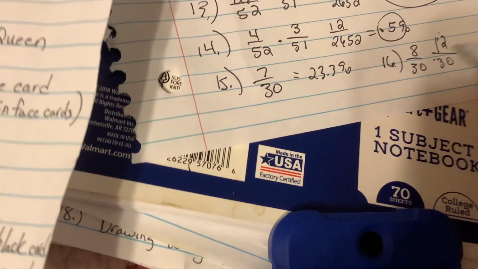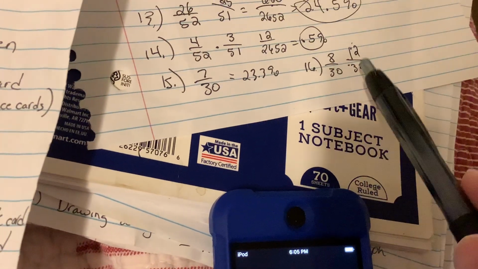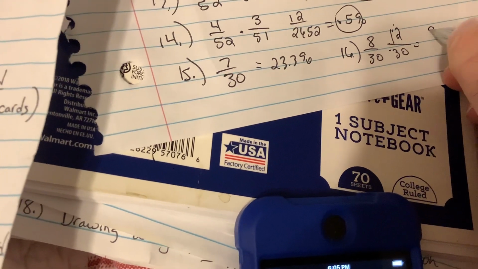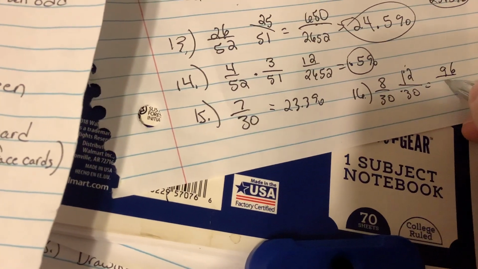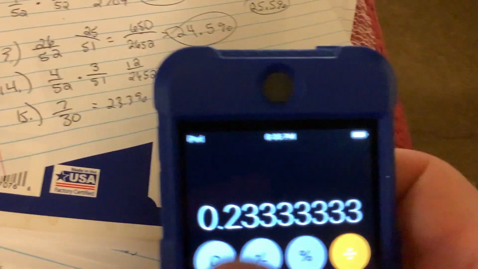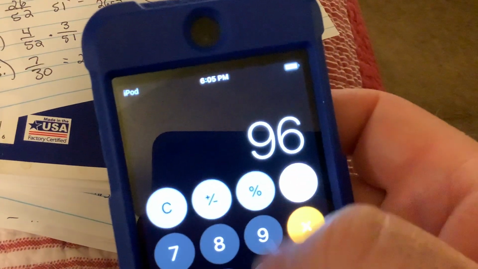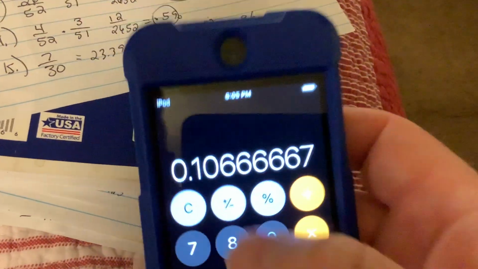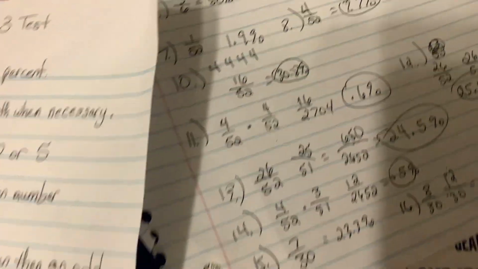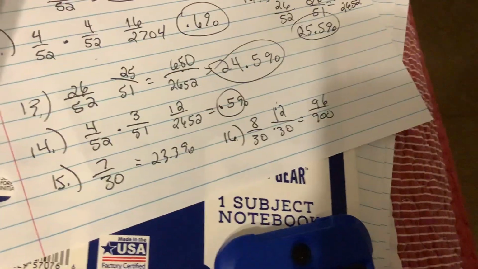There's 12 green. So drawing a blue is 8 out of 30, putting it back and drawing a green is 12 out of 30. Multiply those two, so you get 96 over 900, which is 10.7%. So 10.7% is number 16.